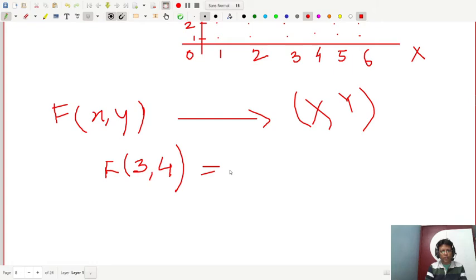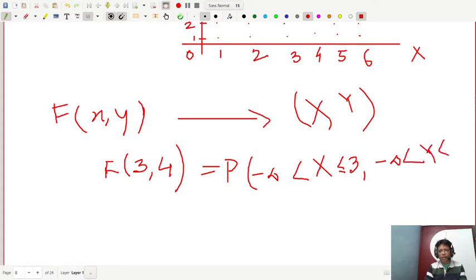So what does it represent? It means the probability of minus infinity less than x less than or equal to 3, minus infinity less than y less than or equal to 4, right?